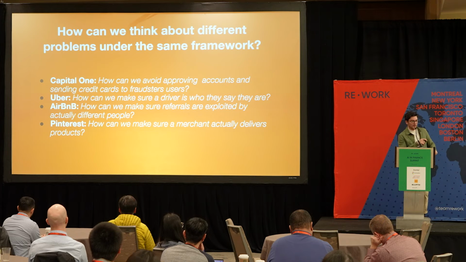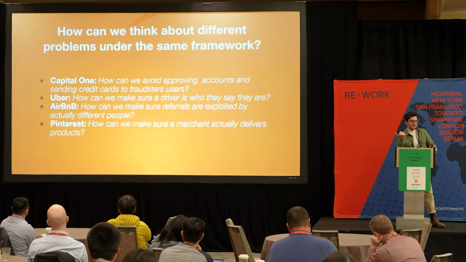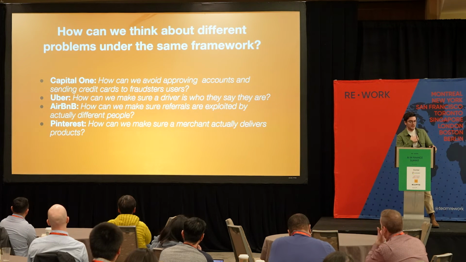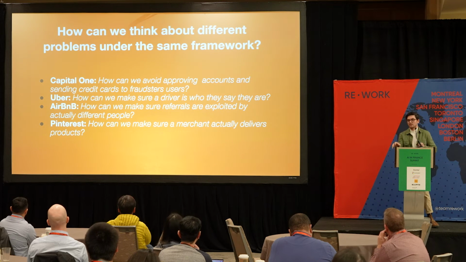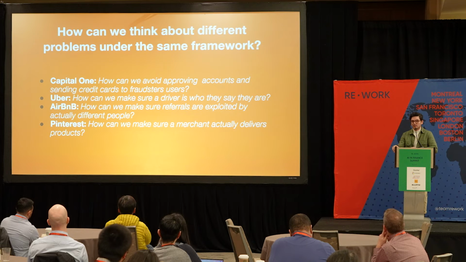So I kind of went over these, but for the sake of completeness, I'll go over them. At Capital One, how can we avoid account takeover, basically? How do you avoid sending credit card accounts to the wrong people? Uber asks how can we make sure that the driver is who they say they are?